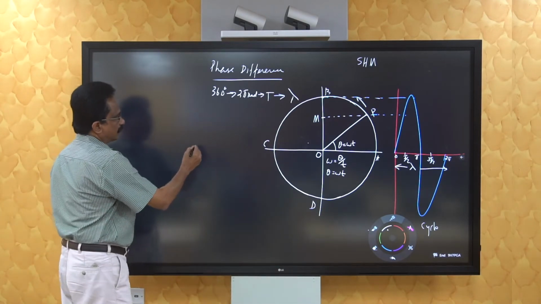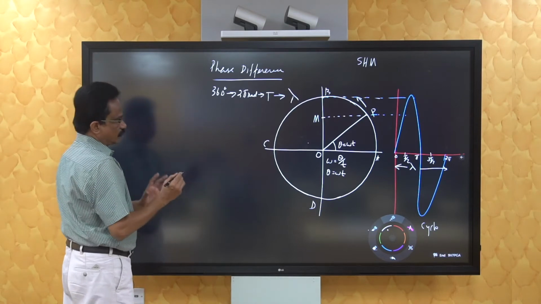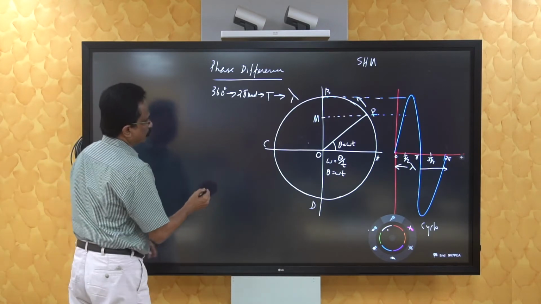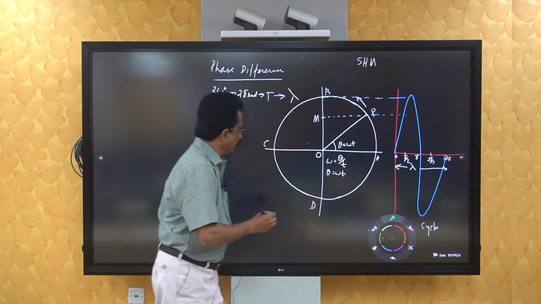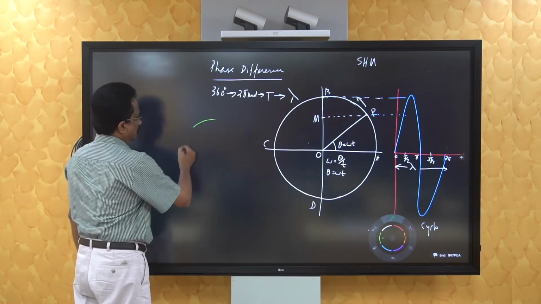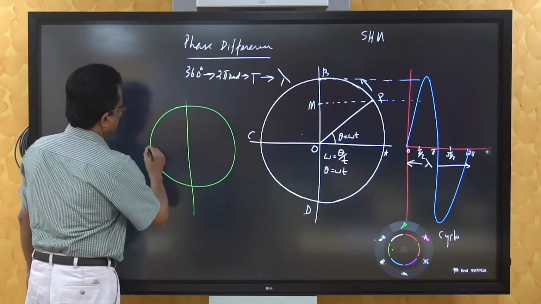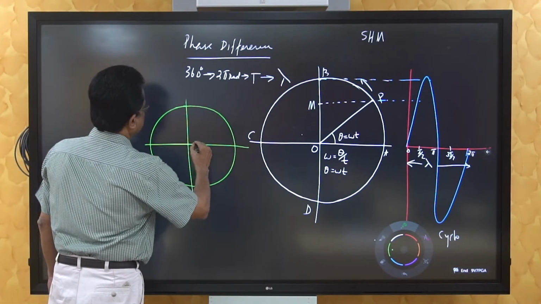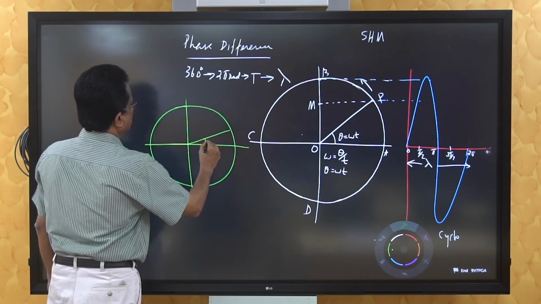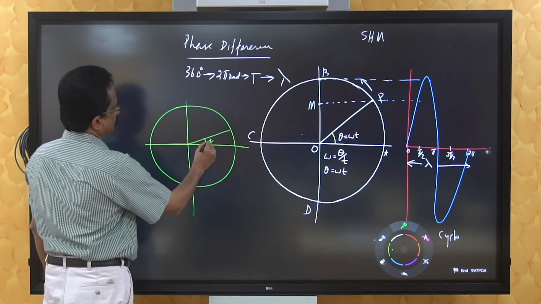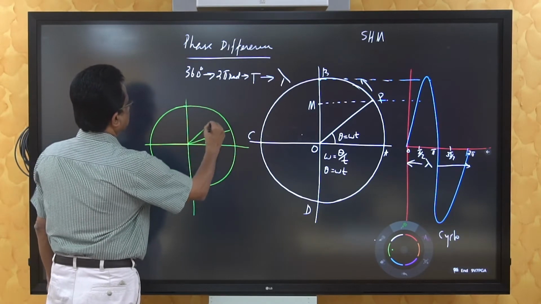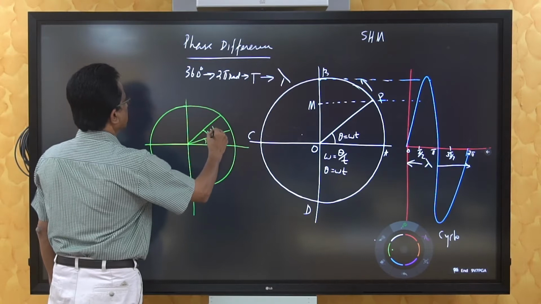Now let's understand what exactly a phase is. For that purpose, I take another situation. Here the particle is already displaced to some angular displacement phi, and in time t, displacement is omega t.